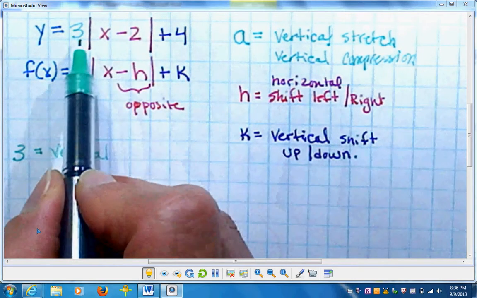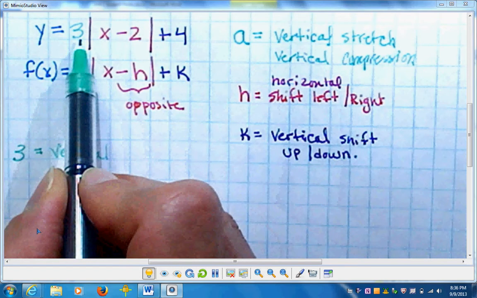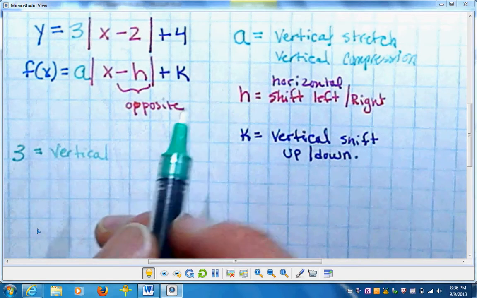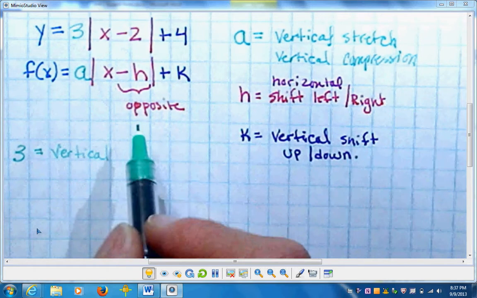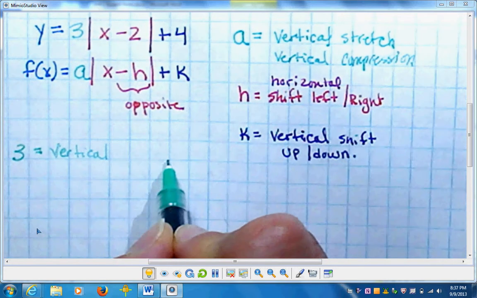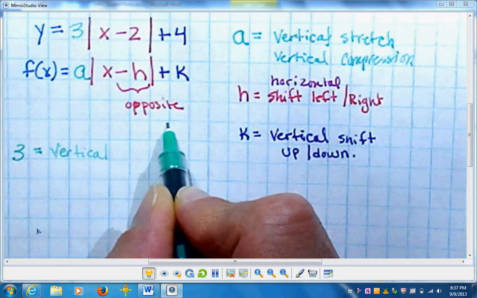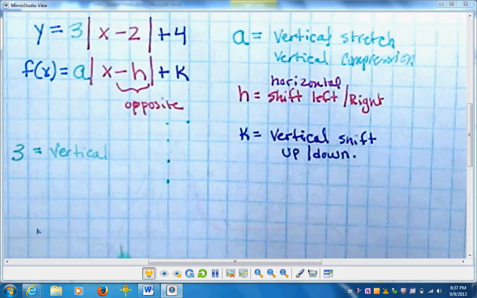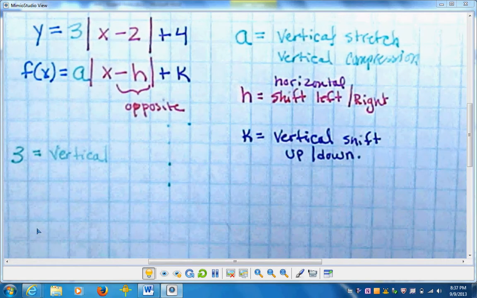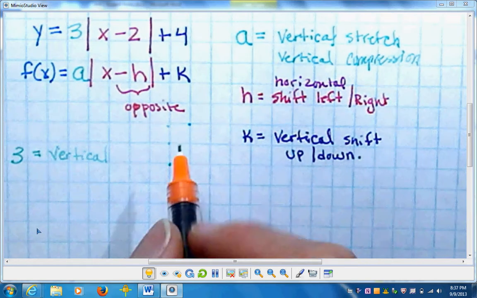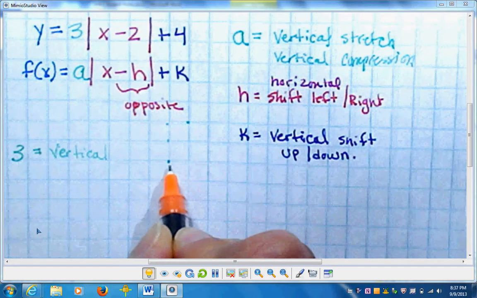So this is what I do. I look at the number 3 and I think of it as slope. So I think of that as 3 over 1. So if I were doing a slope, 3 over 1 would be up 3, 1, 2, 3 over 1, which is much steeper than if I were just to do a slope of 1, which is what our parent function is, up 1 over 1.